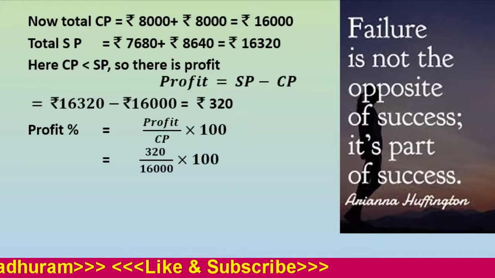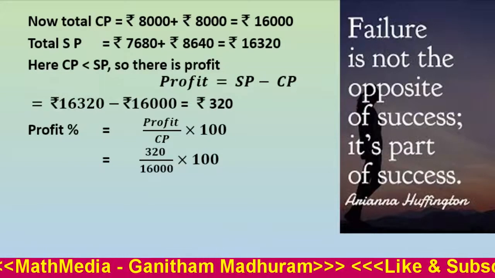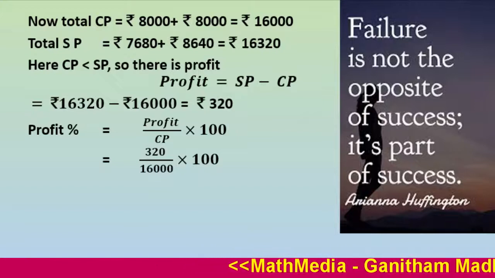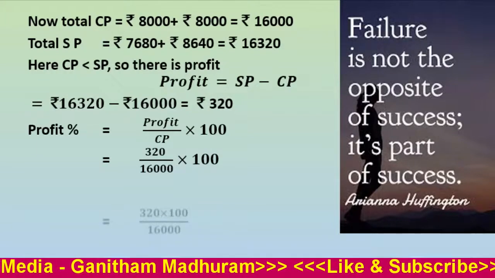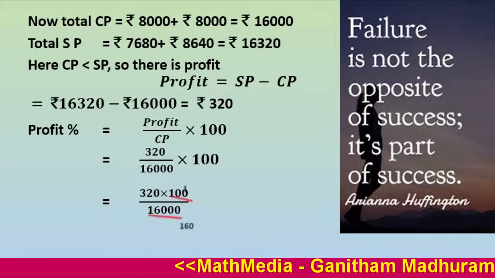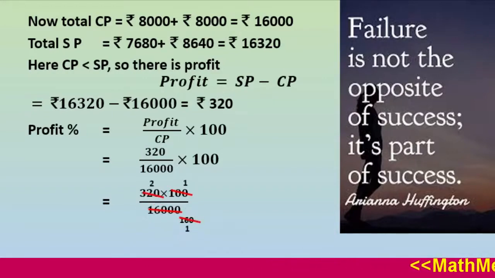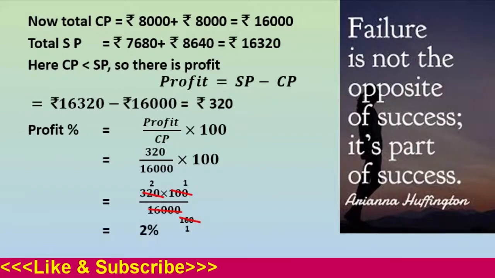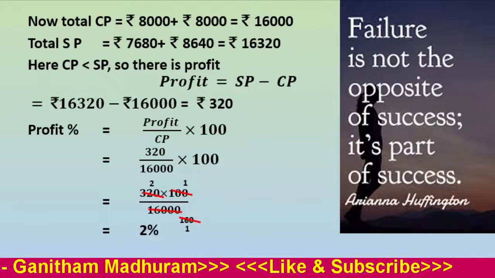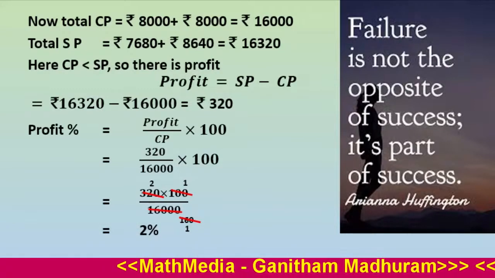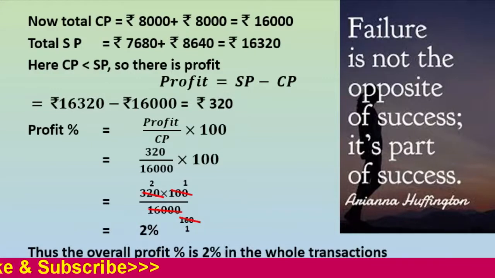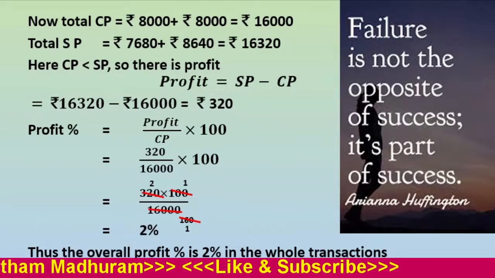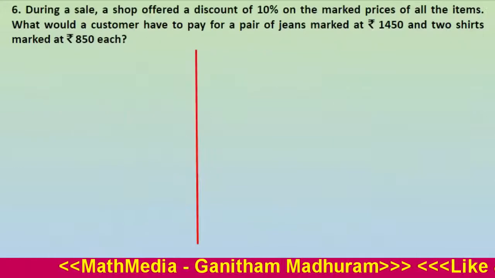Two zeros can be cancelled, and again one zero from the denominator and from the numerator 320 cancelled. 16 and 32 cancelled. We get the numerator as 2. So the profit percentage equal to 2%. Thus the overall profit is 2% in the whole transaction.